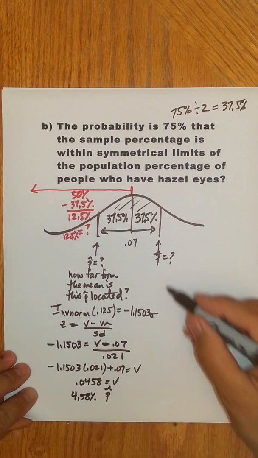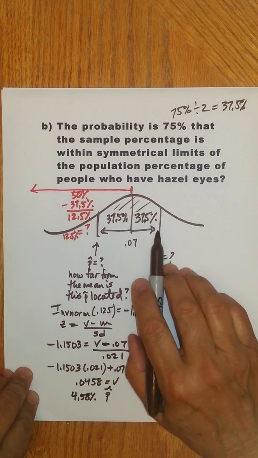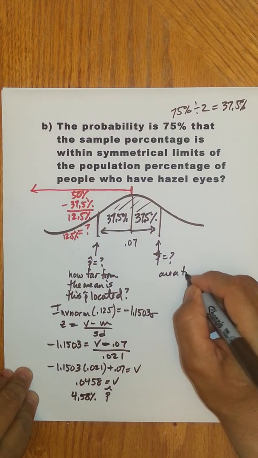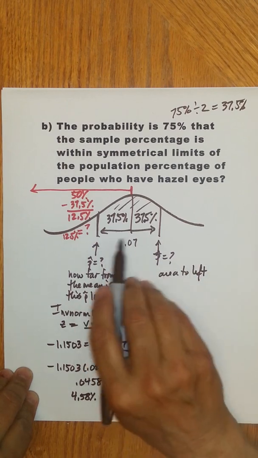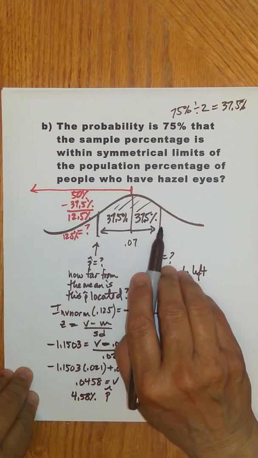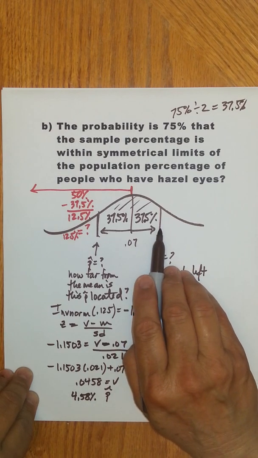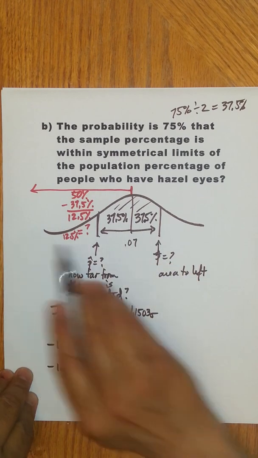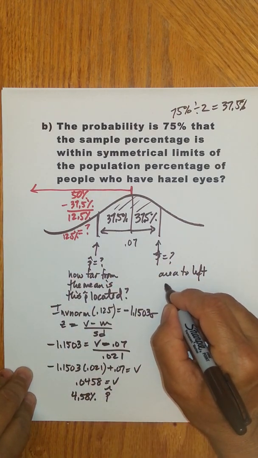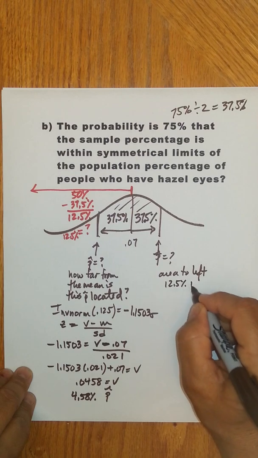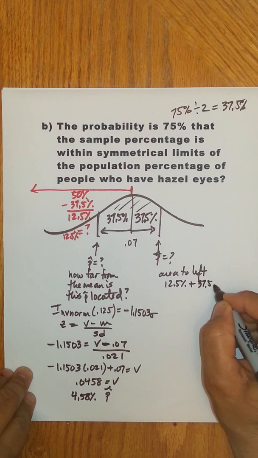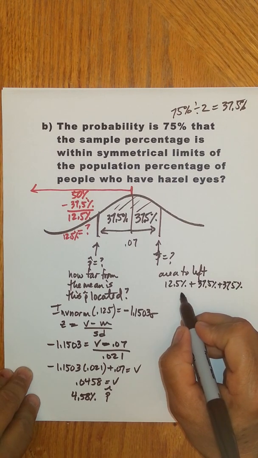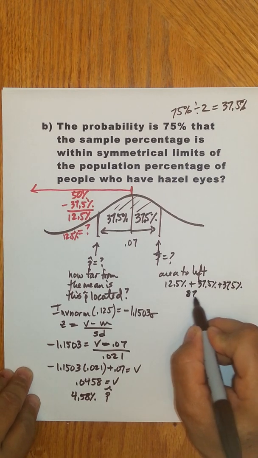All right, and then when you do the other side, you're doing the same thing, except that now the area to the left is, which is basically how I'm going to find out how far I am from the mean. So I want that z-score. To find that z-score, I have to use Invnorm. Invnorm mandates that I'm looking for area to the left of that position. So area to the left is 12.5% plus the 37.5 plus another 37.5. So it's going to be a total of 87.5%.